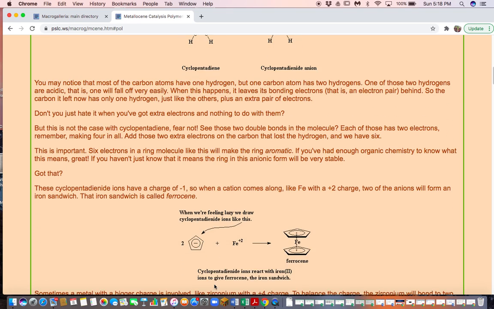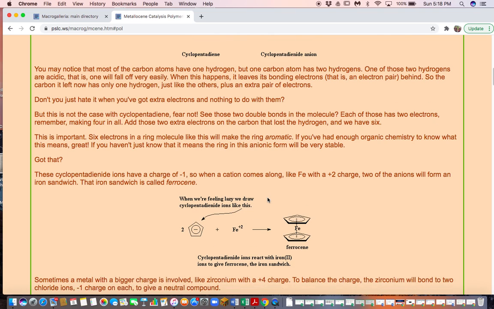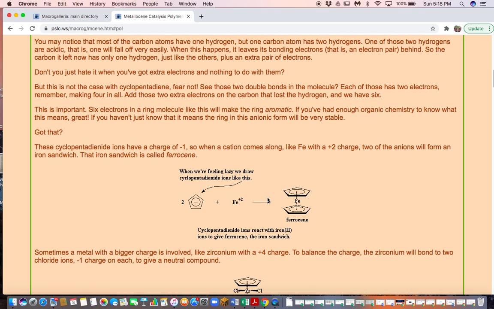So we're going to need something with at least a positive 2 charge, and something like iron is really good for that, right? When iron makes a complex with these two rings, that produces a pretty commonly found species called a ferrocene.